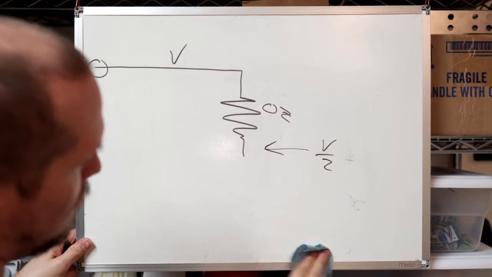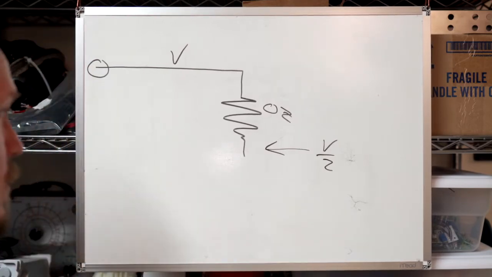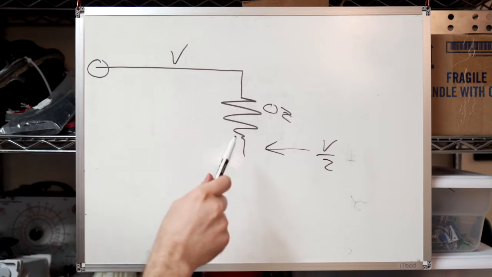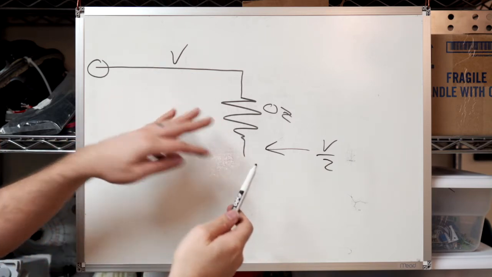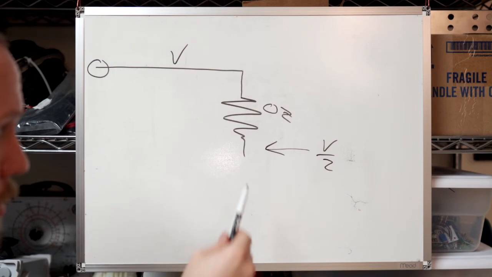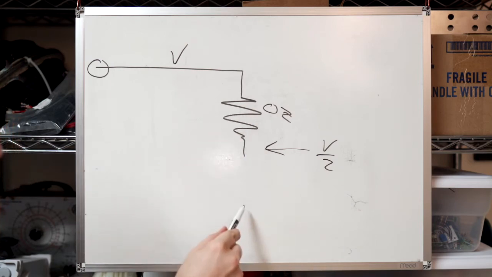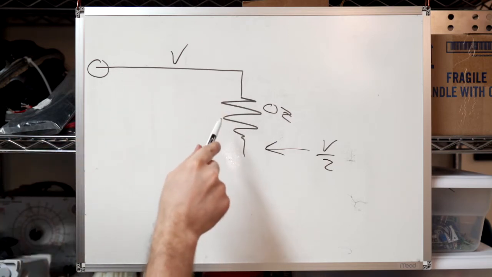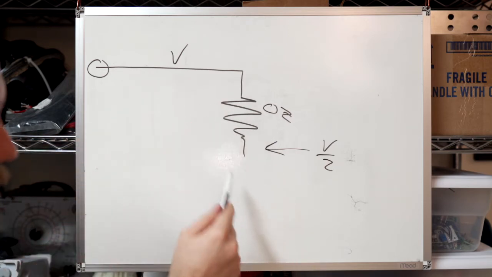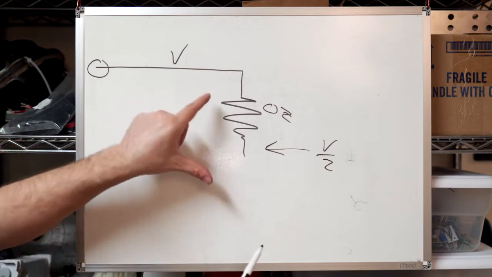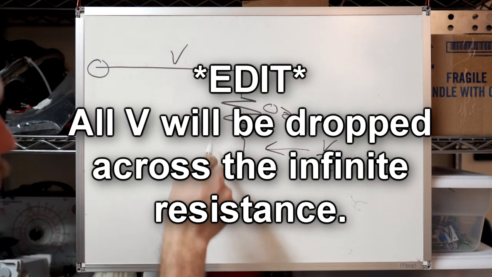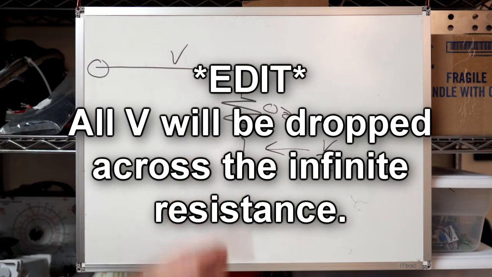If we unload the output, then whatever the output impedance of the amplifier is, it acts like an infinity load here. Because it's not connected to ground. And if it's a voltage divider between some finite amount of resistance and an infinite amount, then all the voltage from the output will be dropped across the finite resistance right here.